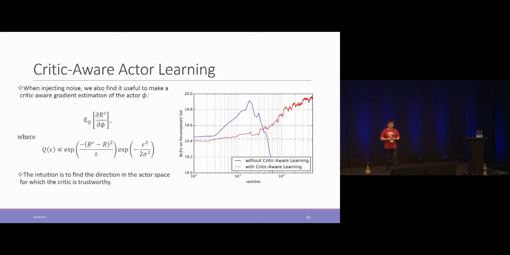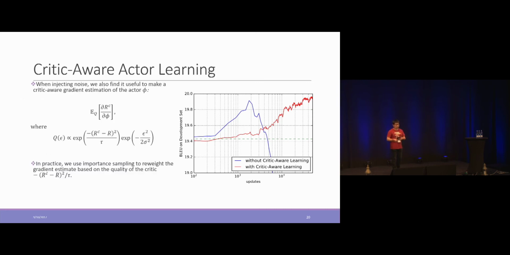When injecting the noise, we also find it useful to make a critic-aware gradient estimation. That is to say, the gradient we use to update the actor will be affected by the critic's confidence. The intuition is to find the directions in the actor space which the critic thinks are good. Then we go that way.